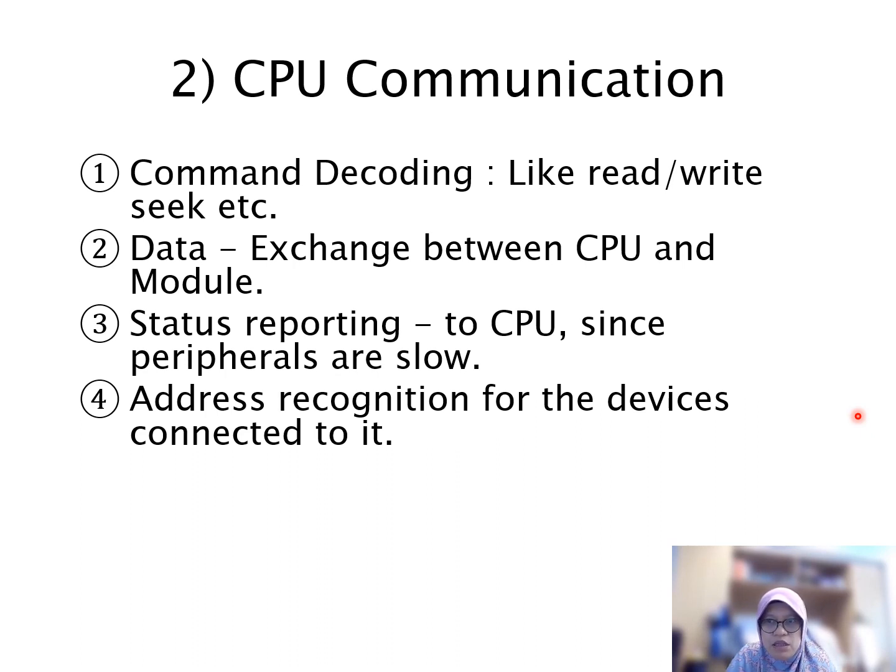For example, the disk drive might accept the commands read sector, write sector, or seek track. Each command will include parameters that are sent on the data bus. The data are exchanged between the processor and the I/O module over the data bus.